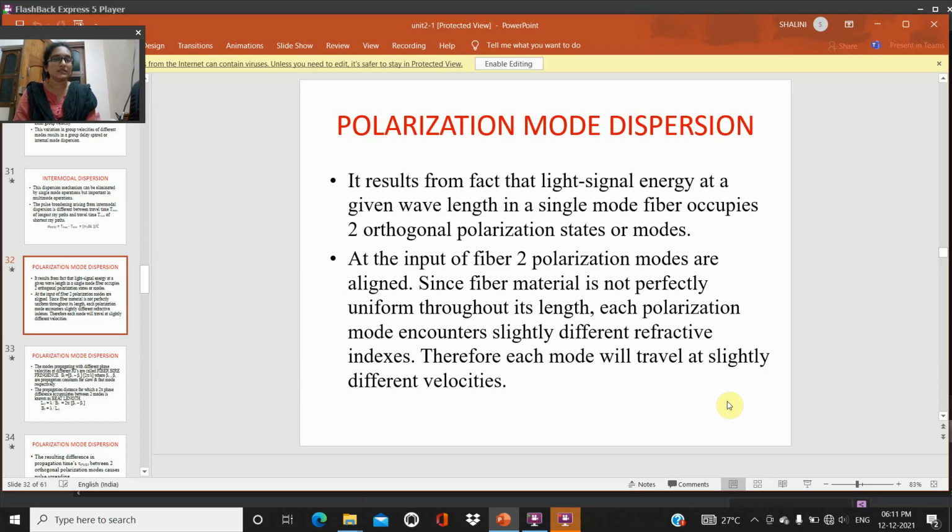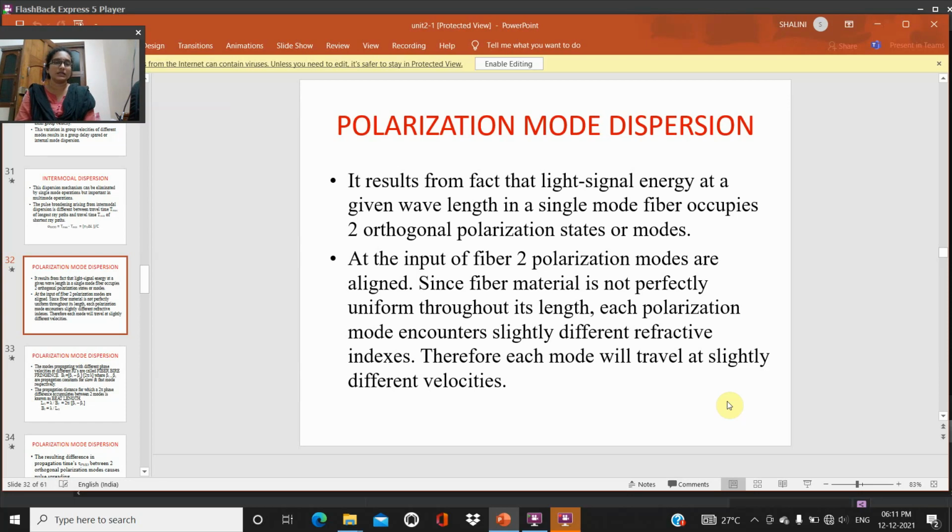It results from the fact that the light signal energy at a given wavelength in a single mode fiber occupies, as you already know, two orthogonal polarization states or two orthogonal polarization modes.